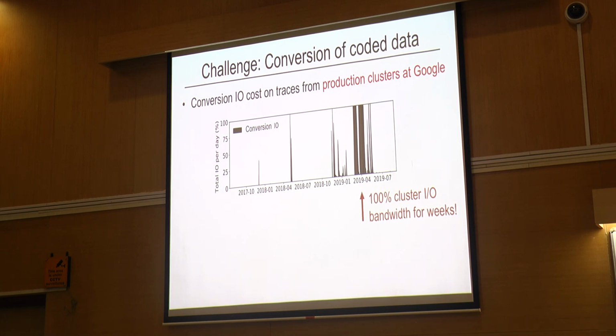If we were to use HART on this cluster, then this would be the I/O consumed just for doing conversion. As we can see, for weeks together, 100% of the cluster I/O bandwidth is needed to do just conversion. Right? So this is just unacceptable. No system is going to do code conversion and redundancy tuning if this is the cost.